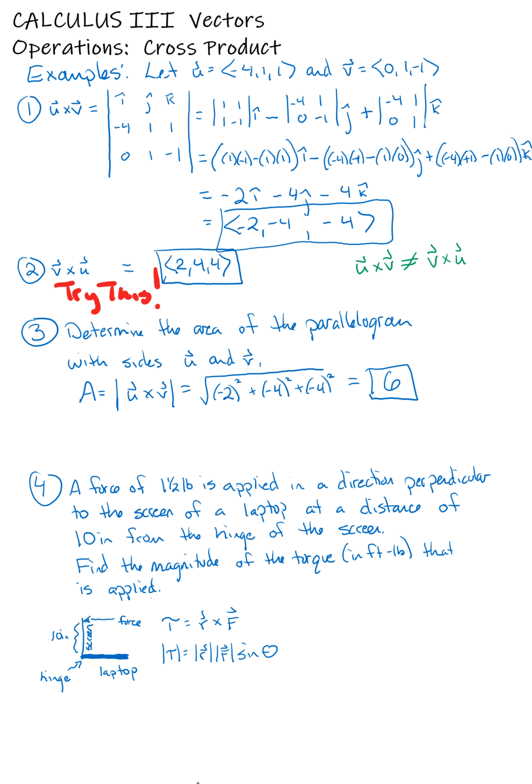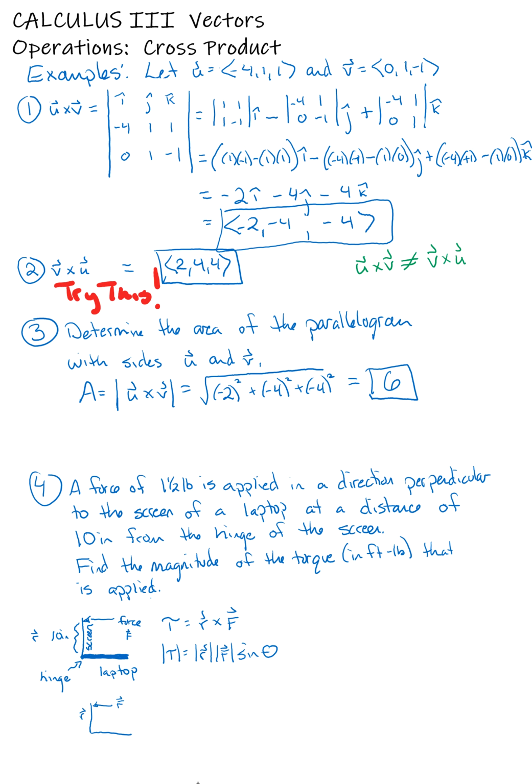To remind us what this looks like, this force is F, and this distance here is vector R. So we've got something like this. Here is R. There's vector R. There's vector F.